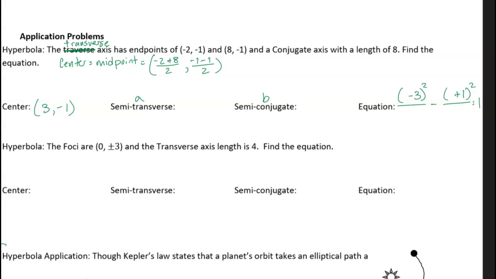So what you're looking at here is these endpoints. You recognize that the endpoints have the same y value or the same k value. This means that your vertices are on this horizontal line. Our transverse is horizontal, making this a horizontal hyperbola, meaning that our x is the positive and our y is the negative.